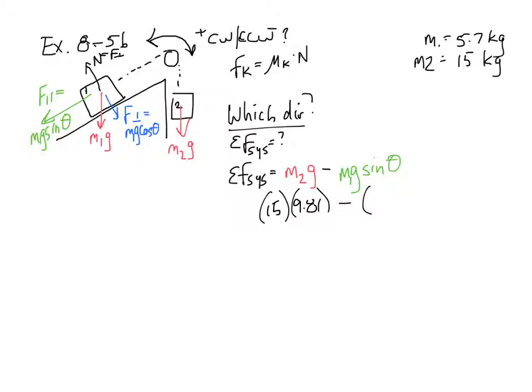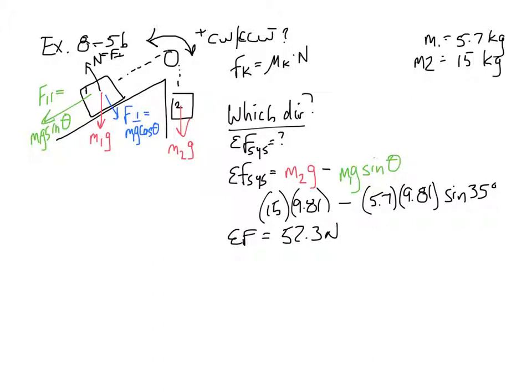Minus, the mass 1 is 5.7 times 9.81 times the sine of, what's our angle? 35 degrees, right? 35 degrees right there. So what do we get? What is the net force on the system that it's going to move in? Okay, so I get that the net force on this system, that is the forces that are competing against each other, that versus that, is 52.3 newtons.